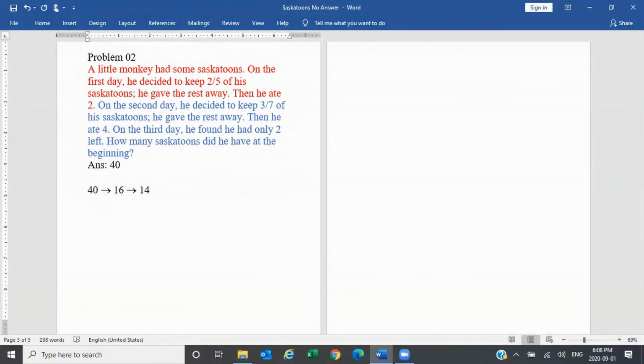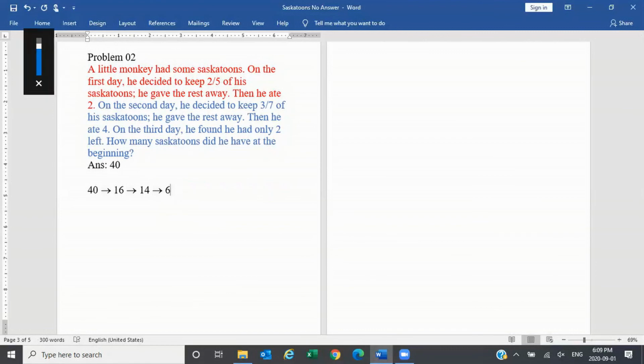And then what happens? It says here on the second day, he decided to keep 3/7 of the saskatoons. Okay, so we divide 14 by 7, and each piece represents 2 then. He decided to keep 3 sevenths, so that's 3 times 2, and that's 6. So that means he kept 6. Control V, there's another arrow.